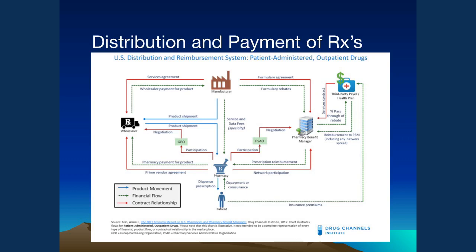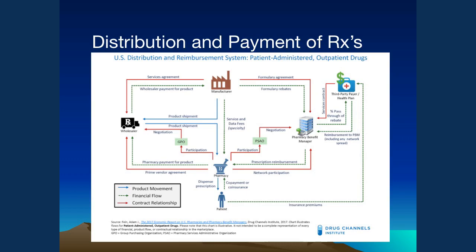As I said, they set up the network, they negotiate with the manufacturers for rebates, and where the argument is, the payer, whether it's an insurance company, Medicaid, Medicare, or an employer, are they getting the true savings that they're supposed to from the pharmacy benefit manager? And is the patient getting the true savings from the pharmacy benefit manager?